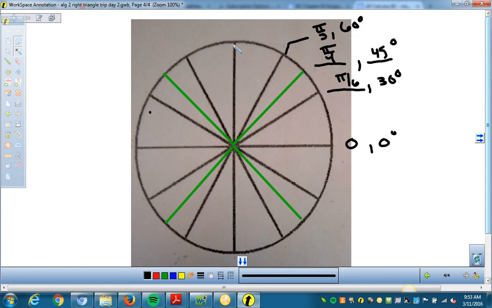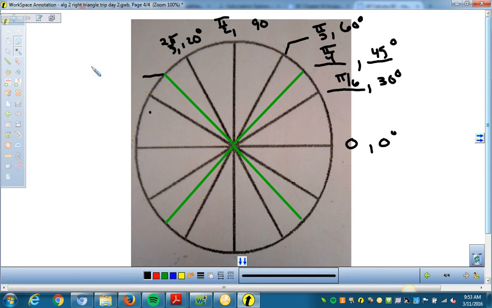And the one at the top was what? 90 degrees. And so first is pi/2, 90 degrees. Now we're at 120. What did we label that with? That's 2 pi/3 and 120 degrees.